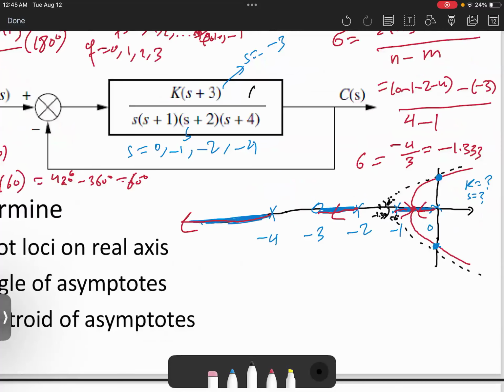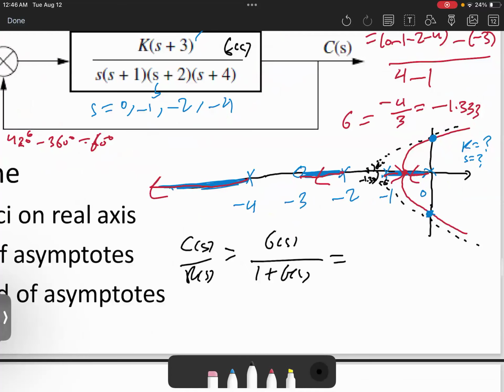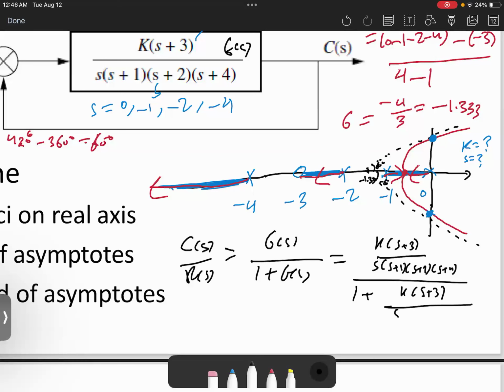I will assume this as G of s. So the closed loop transfer function C of s over R of s equals G of s divided by 1 plus G of s. Then it will be k times (s plus 3) divided by s(s plus 1)(s plus 2)(s plus 4), divided by 1 plus k times (s plus 3) divided by s(s plus 1)(s plus 2)(s plus 4).